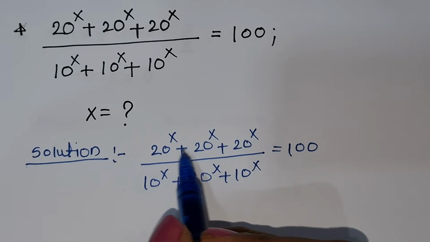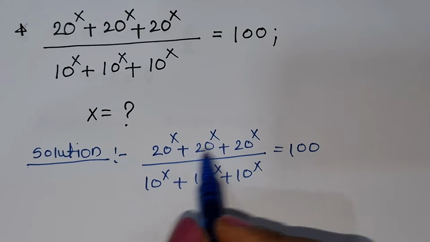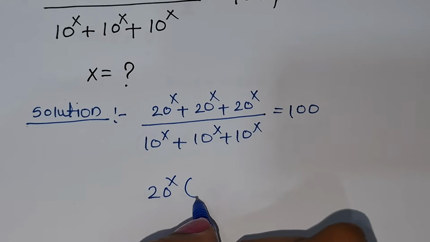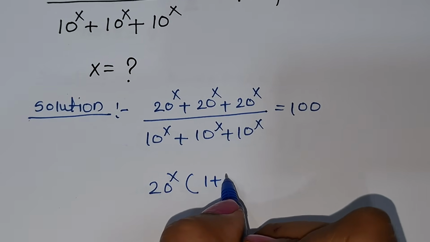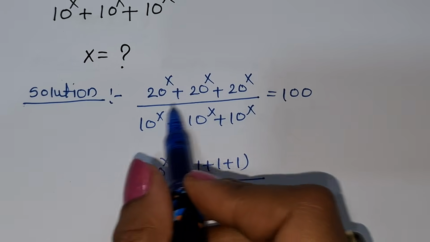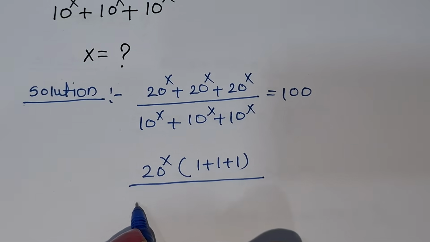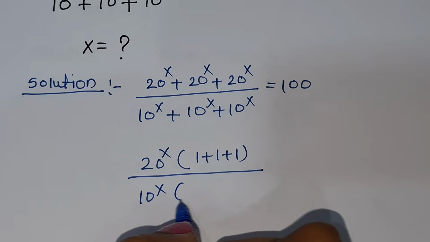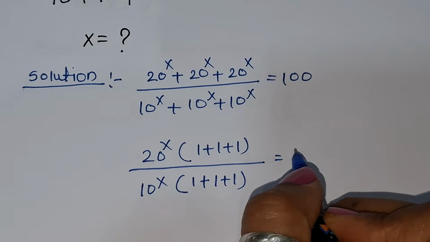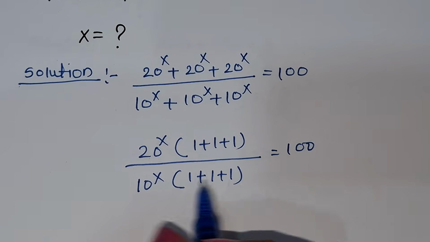Here we can take 20^x common because it appears 3 times. The remaining term is 1 plus 1 plus 1. In the denominator we take 10^x common, and the remaining term is 1 plus 1 plus 1, equal to 100.